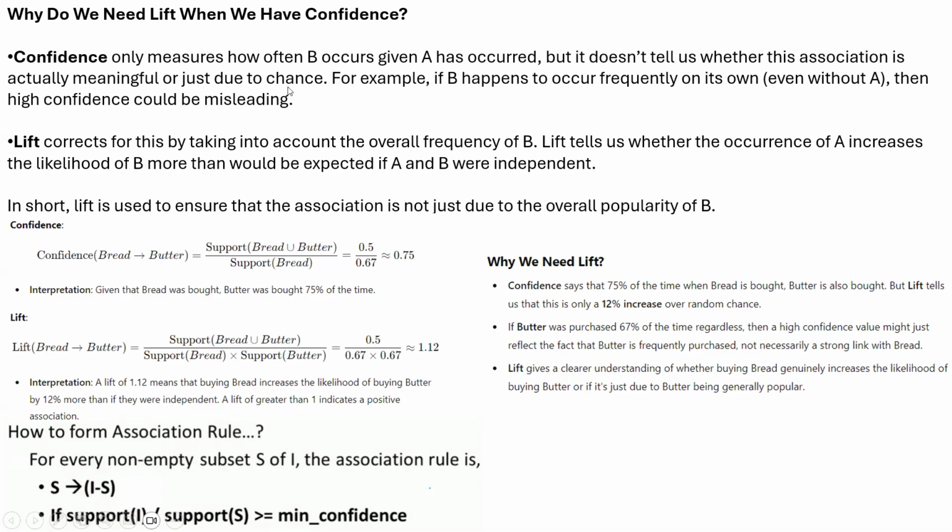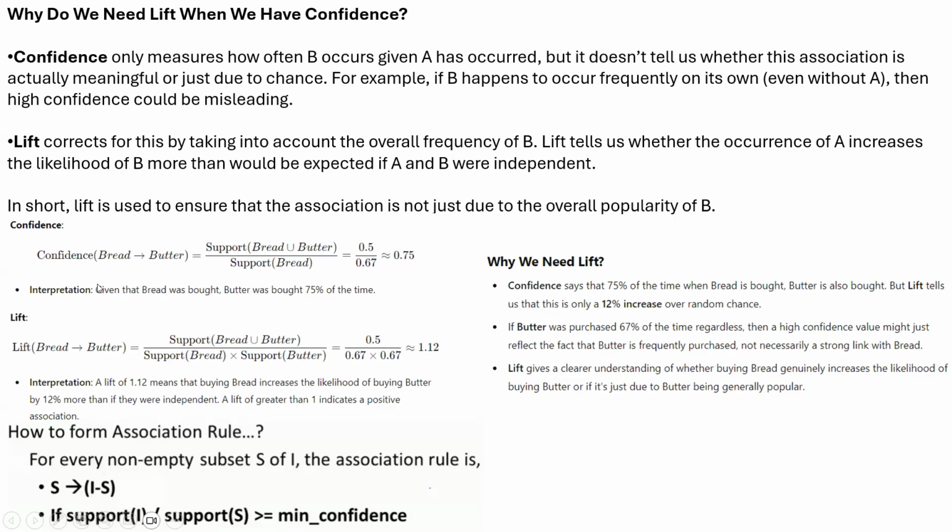If A and B are happening in most of the baskets independently, that is not what confidence will give us. For example, if B happens to occur frequently on its own, even without A, then the high confidence could be misleading. Look at this example. If B is happening more frequently, then this value will increase, right? 0.5 by 0.67 gives 0.75.